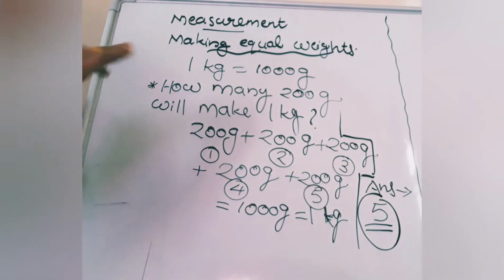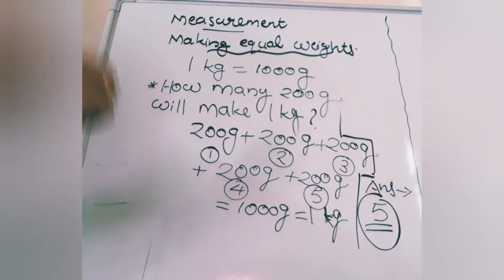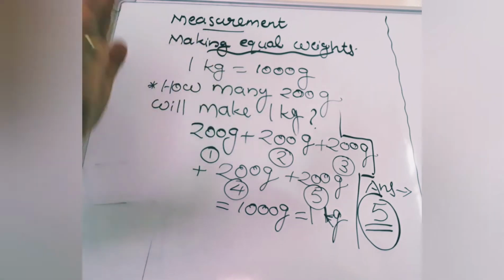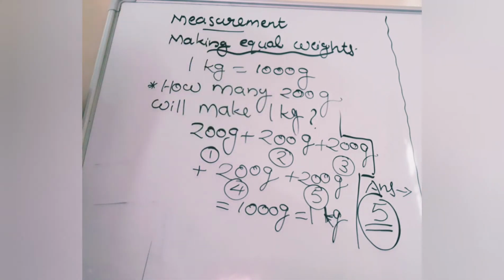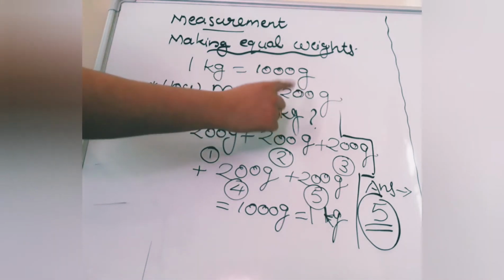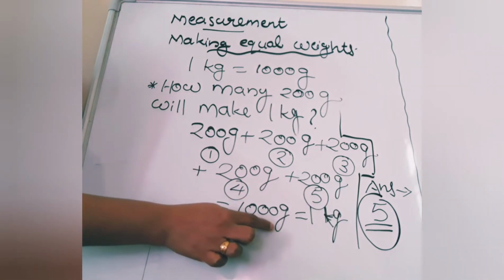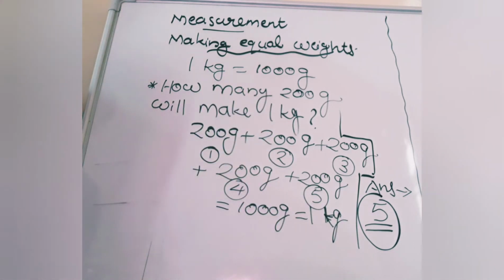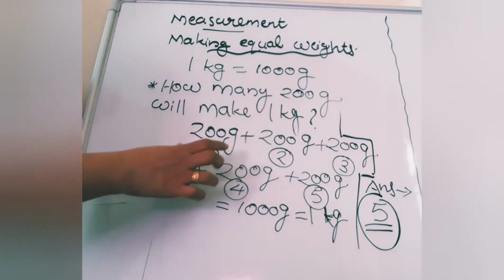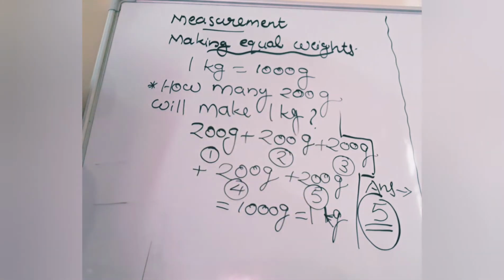First we did 500 gram: 2 times 500 gram is equal to 1 kg. Now 5 times 200 gram. 5 into 2, 10, and 2 more zeros, 1000 grams. So you just remember 200 into 5 is 1000. Like that also you can remember, but if they write the steps like this addition method, you can use and write.